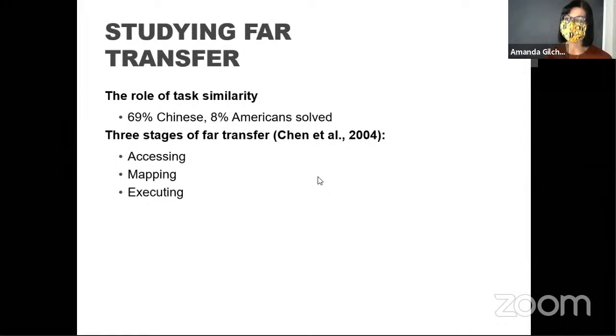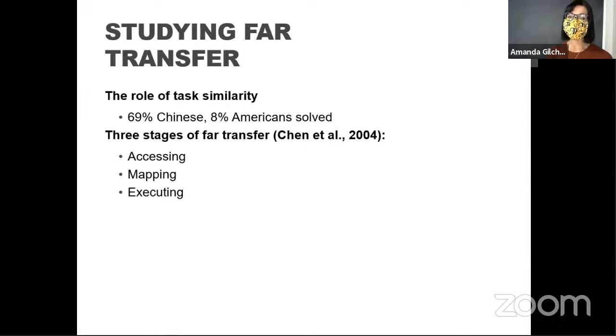So here's what's really interesting. For people in China, there is actually a very famous folk tale that involves just such a solution, which means that it has very, very high task similarity. In contrast, I know of very few folk tales here in the United States that involve such a solution.